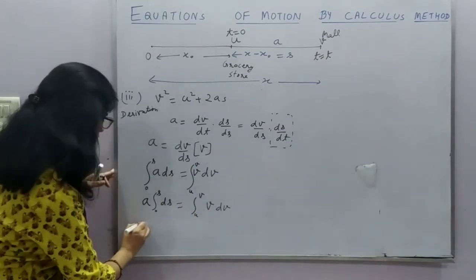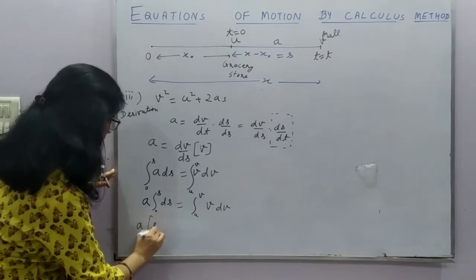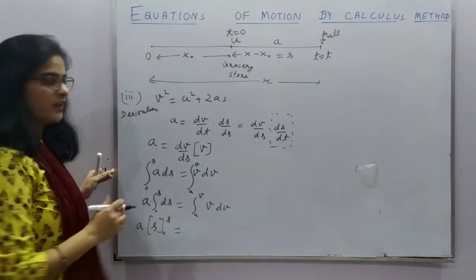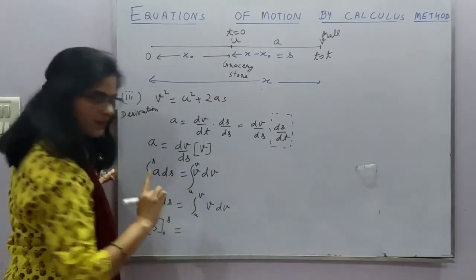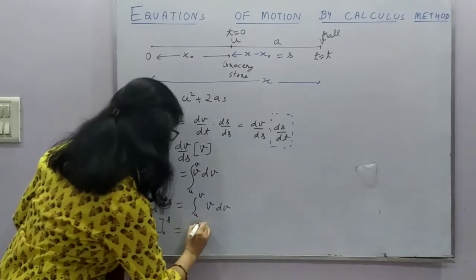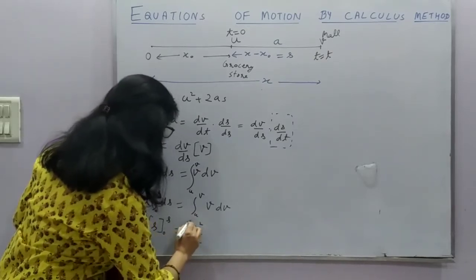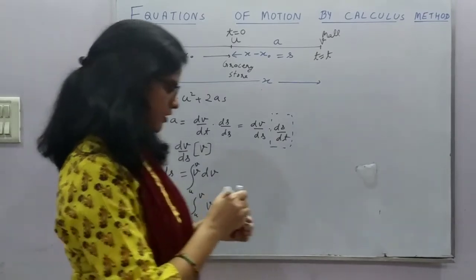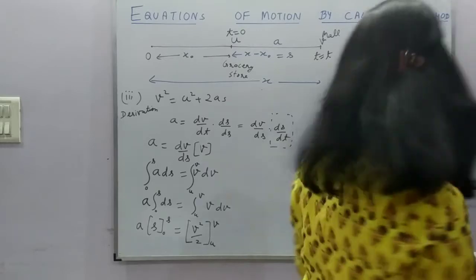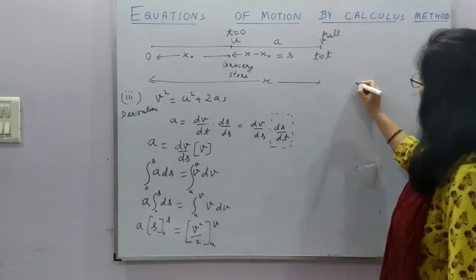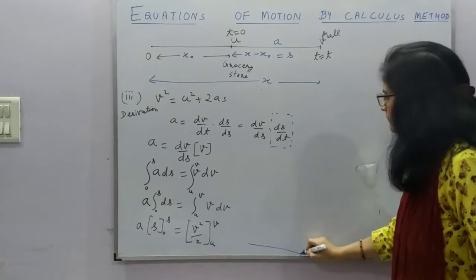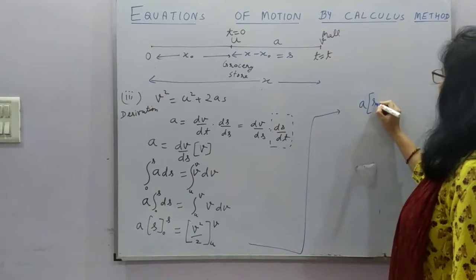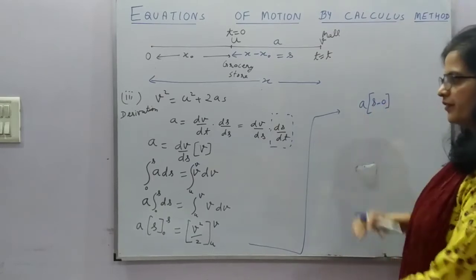So integration of ds is s. We will put the limits, and integration of v is v to the power 1 plus 1 upon 1 plus 1. So I can write this as v square upon 2, and then I can put the limits, right? So the next step I can write here is, on the left side, a, upper limit is s, lower limit is 0, right?